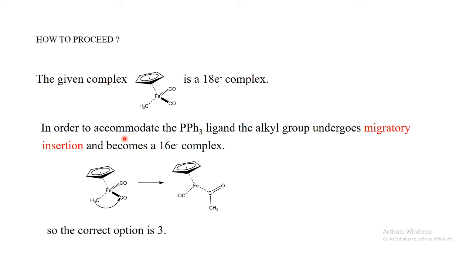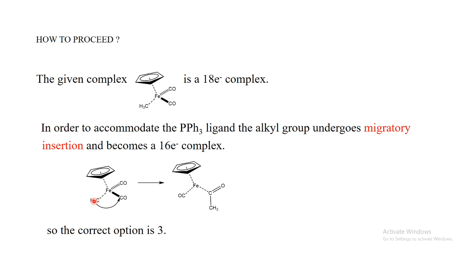So in order to accommodate the triphenylphosphine ligand, the alkyl group undergoes migratory insertion. You observe that the methyl group attached to the iron center undergoes migratory insertion onto this carbonyl ligand.